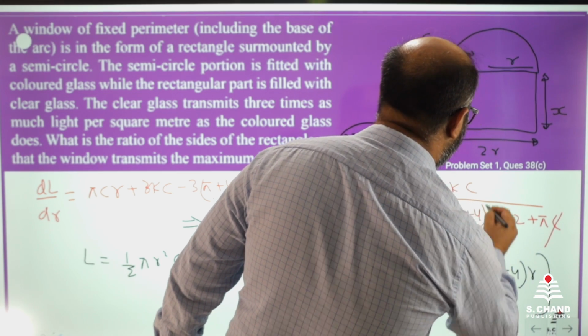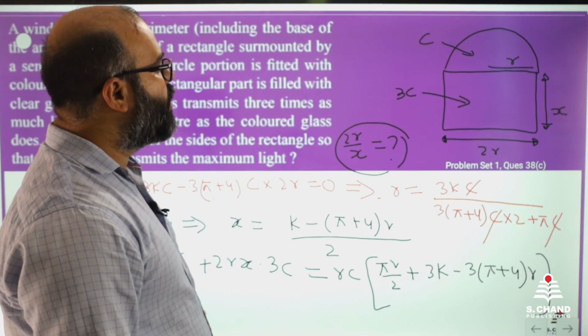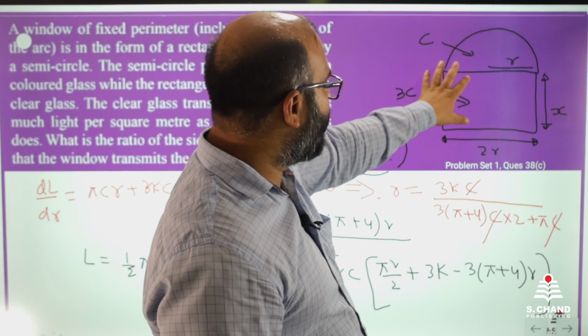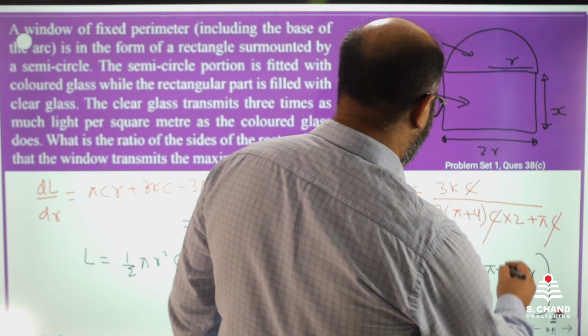So c will of course get cancelled, as c was the light transmitted by the semicircular part, and 3c was the light transmitted by the rectangular part.